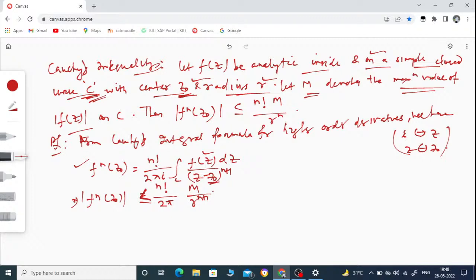We already know one formula: the modulus of the integration over C of f(z) dz is less than or equal to ML.